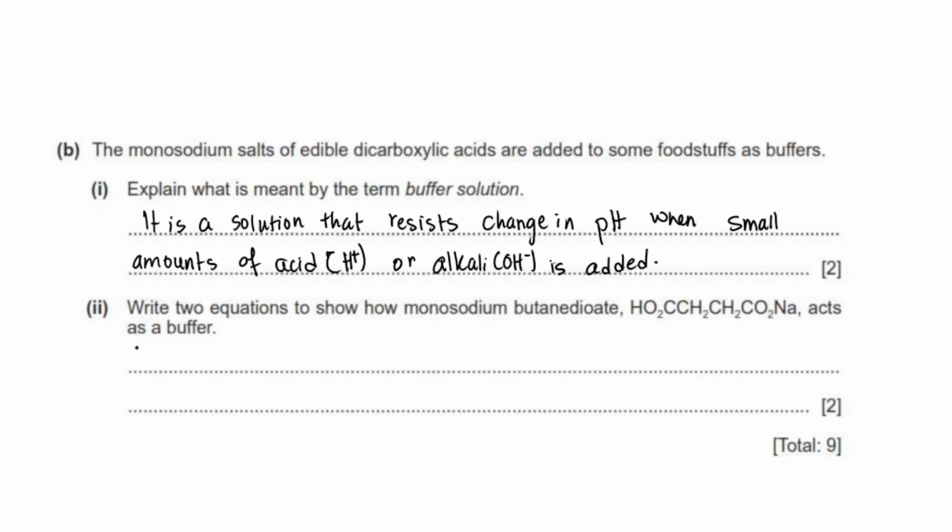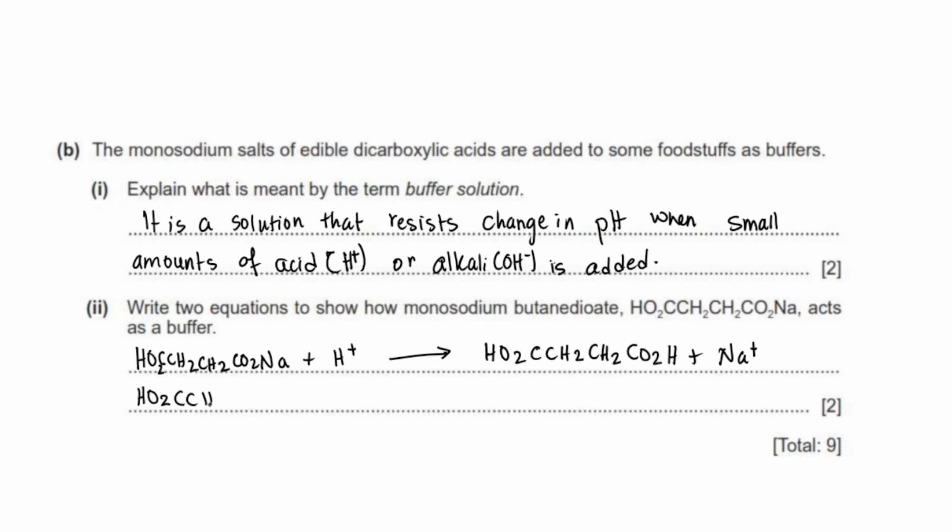So let's write HO2C CH2 CH2 CO2Na plus H+, which will give us HO2C CH2 CH2 CO2H plus Na+ ions, and HO2C CH2 CH2 CO2Na plus hydroxide ions, which gives plus a H2O molecule.